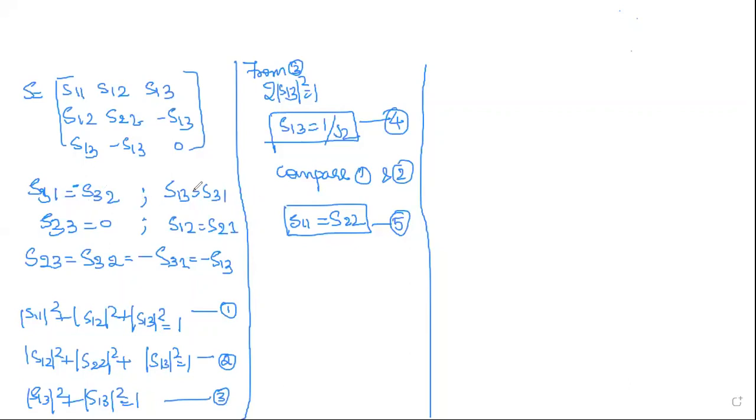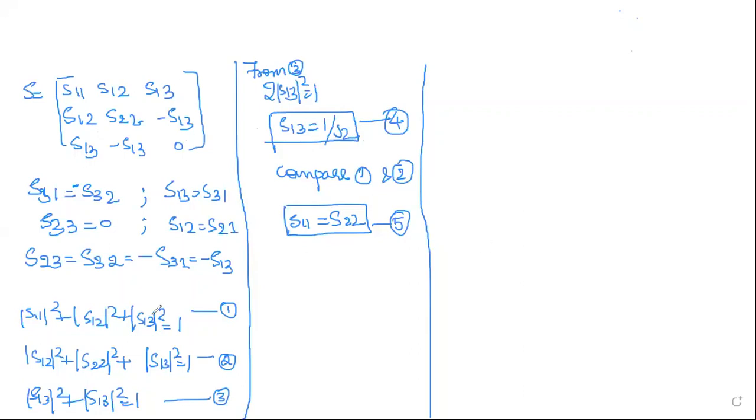Similarly, S31 is equal to S13, so you will be writing it directly as minus S13. And S31 can be written as S13. And S32 can be written as minus S31. And S33, because of the perfect match of the load, you will be taking the value as 0.